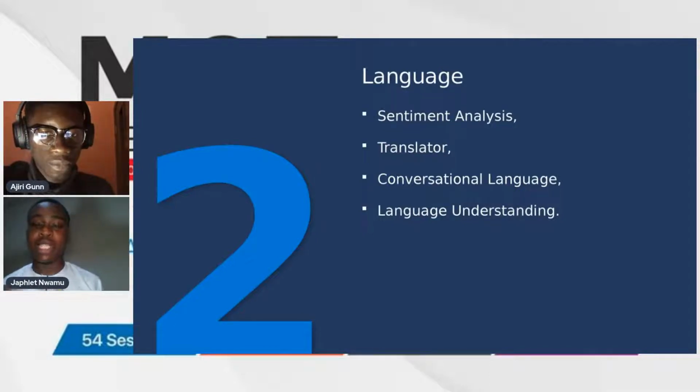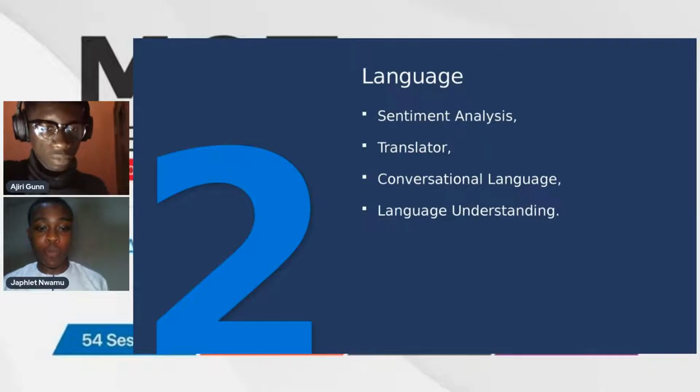Sentiment analysis gives you the opportunity to automatically detect sentiments and opinions from text, whether you're getting it from a popular social media site like Twitter or Facebook or wherever it is. You can detect what users mean by a particular set of words. And then you have your translator, which can translate more than 100 languages and dialects in real time.